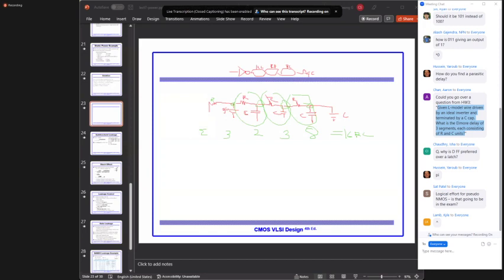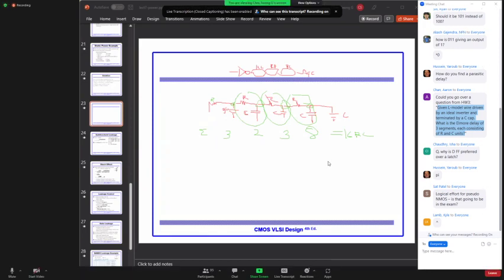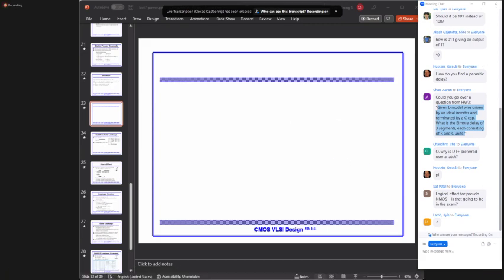What's the next question? There's a question in the chat asking about logical effort for pseudo NMOS. Will that be on the exam? Pseudo NMOS. No. I mean, in what technology? For this book?